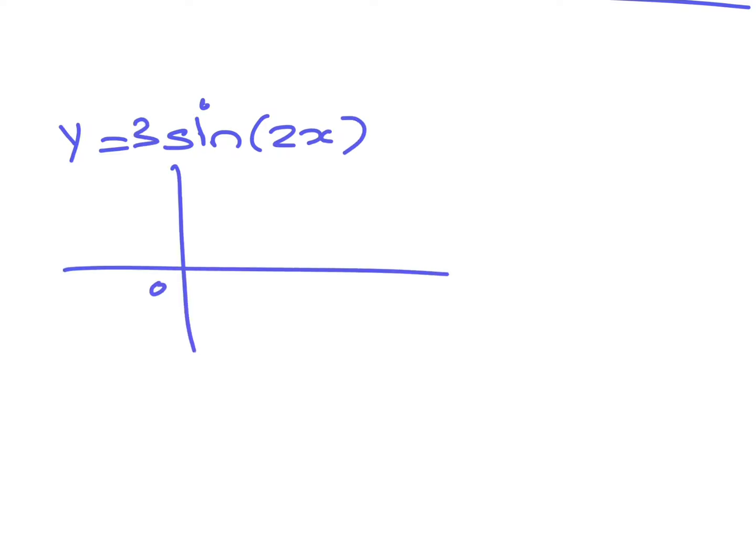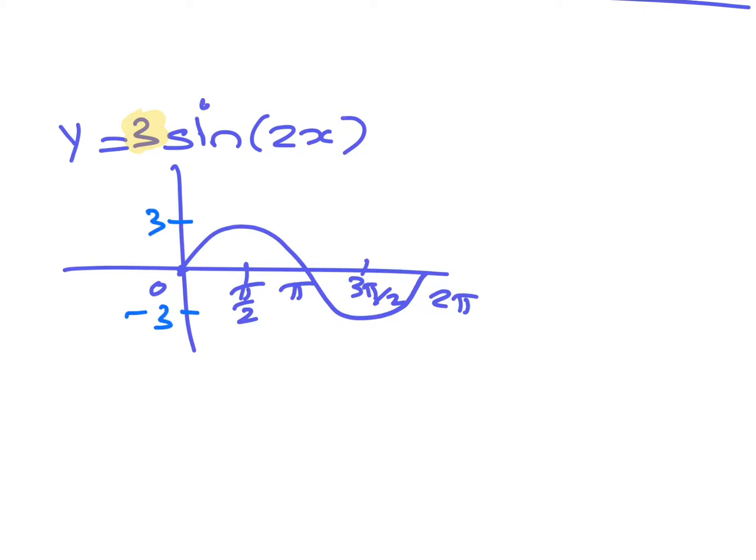Alright, so now if we're going to look at what happens, first of all, if you put like 2x, okay, and let's put 3 there. So this is your normal sine curve like that. Goes between 2 pi and pi, pi on 2, 3 pi on 2. Okay, so the effect of that 3 would just mean that this has to go from 3 to -3.